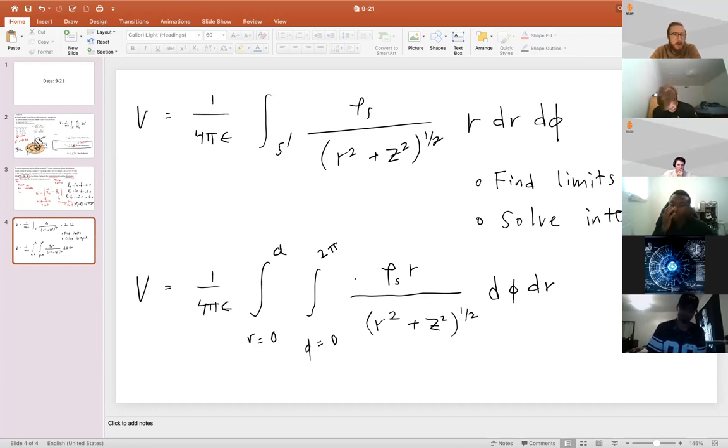If you've noticed, almost all of these have ended up with a pretty similar format, like r over r squared plus z squared raised to the 1/2, or r squared plus z squared to the 3/2, or 1 over r squared plus z squared to the 1/2. A lot of them are pretty similar, so the solution will either be to set the integral up or to use an integral table.